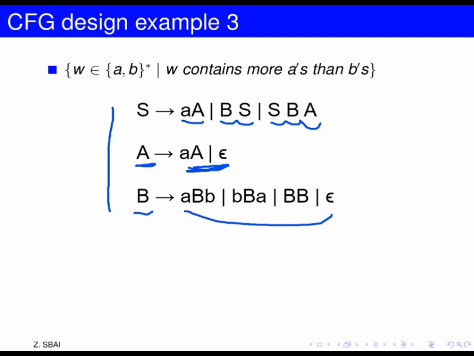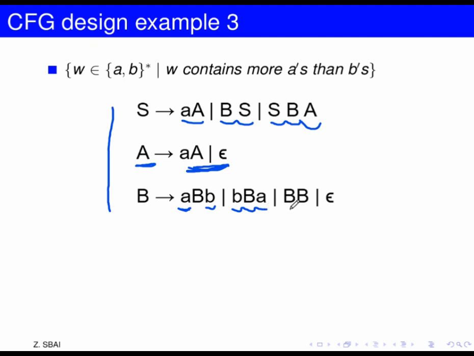For the balanced string B, it should be written as follows. With each a, there is a b. So if we start with a, we will write a capital B b. If we start with b, we will write b capital B a.